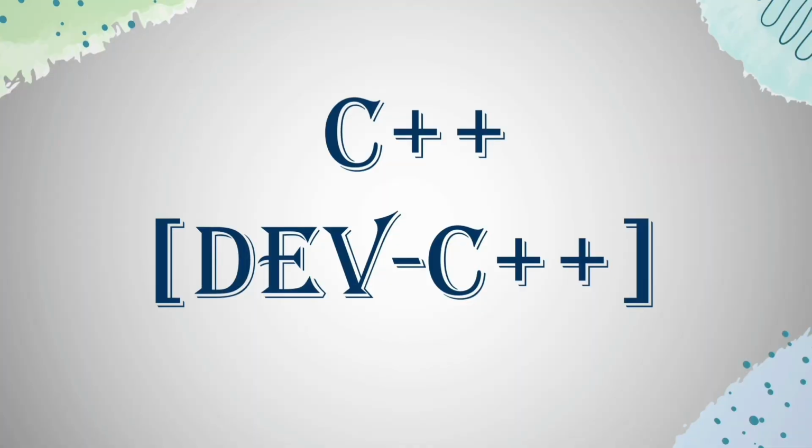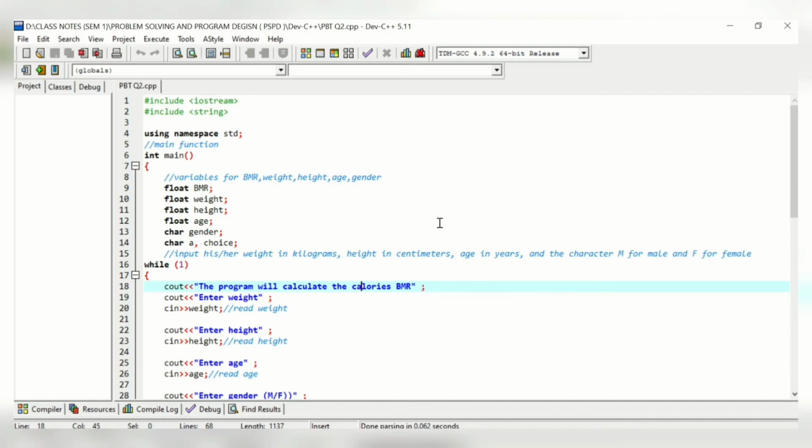Now I'm going to do coding, which is C++, by using Dev C++. So this is the coding for question 2. These two are the most common directives. This hashtag symbol provides an instruction to the preprocessor, and then using namespace std, and then this is an executable statement, and then single line comment, main function, and then building block.